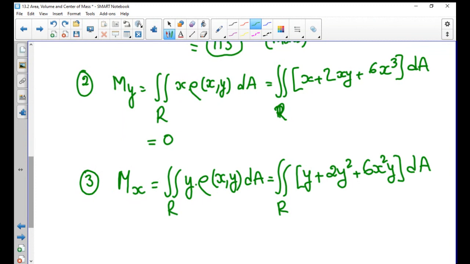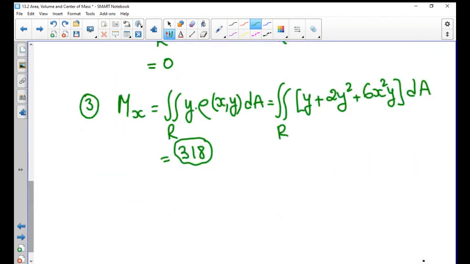Okay, again, I will leave you this calculation. I'm pretty sure you can do it. And this time we get 318. So now, can we find the center of mass? Yes, we can. After that, it's really simple.